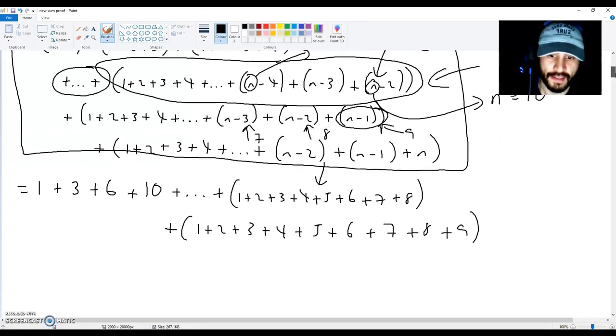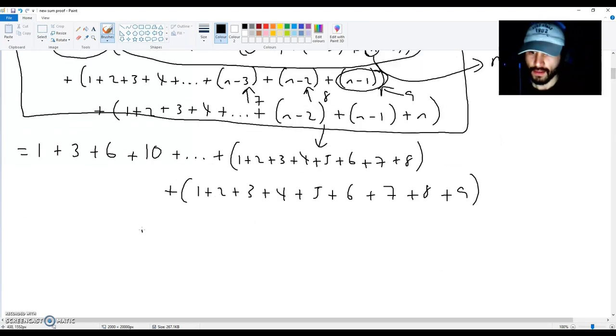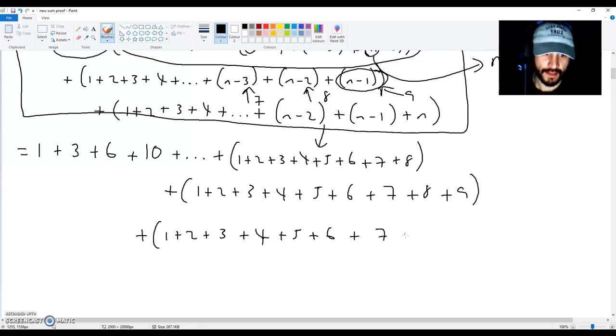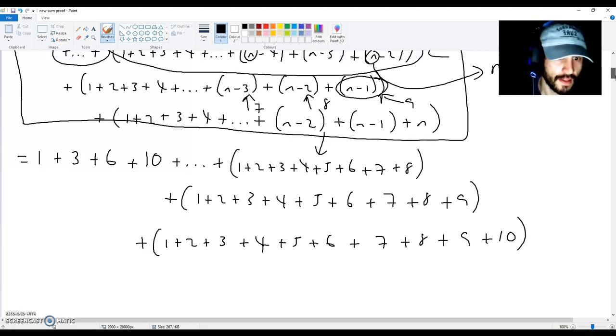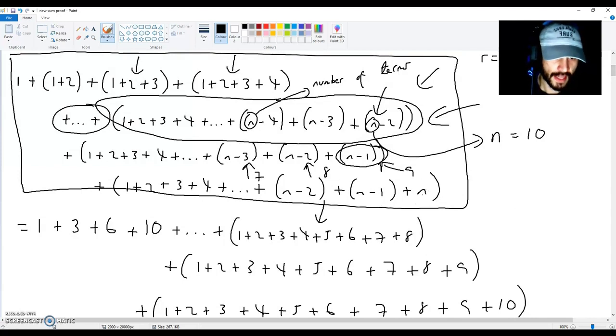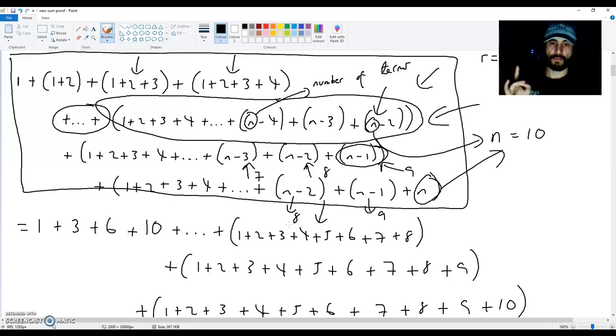And finally, we get plus 1 plus 2 plus 3 plus 4 plus 5 plus 6 plus 7 plus 8 plus 9 plus 10 in brackets, because this n over here is equal to 10, like we've said, n minus 1 is equal to 9, and n minus 2 is equal to 8.